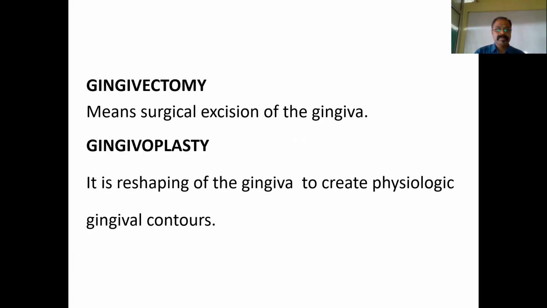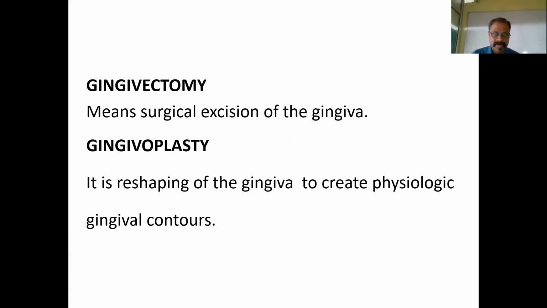So let's go to the next topic, that is your gingivectomy. This is your second gingival surgical procedure. What do you mean by gingivectomy? Gingivectomy means surgical excision of the gingiva to remove the soft tissue wall of your periodontal pocket or gingival pocket.